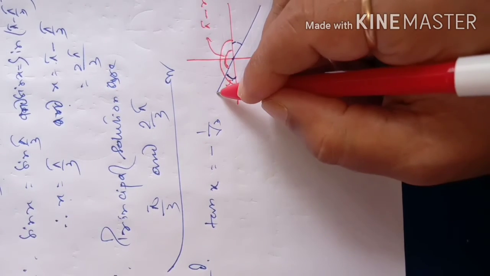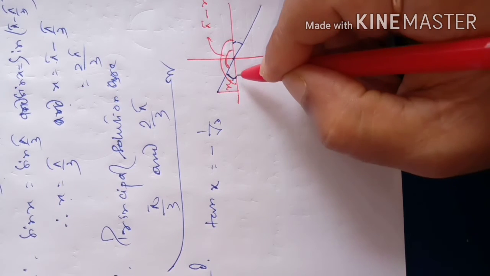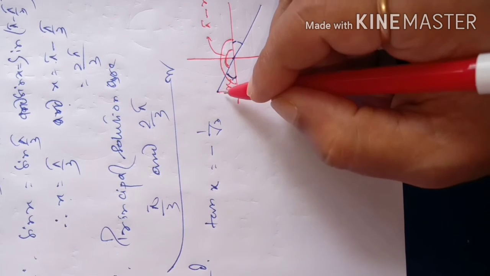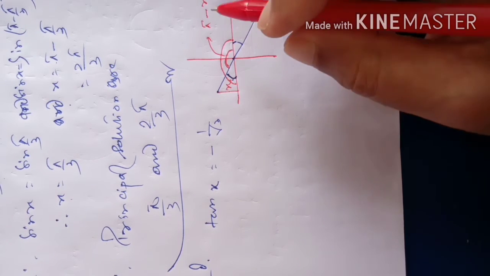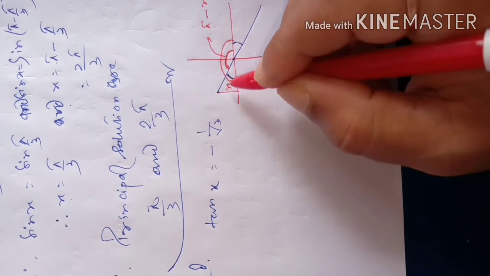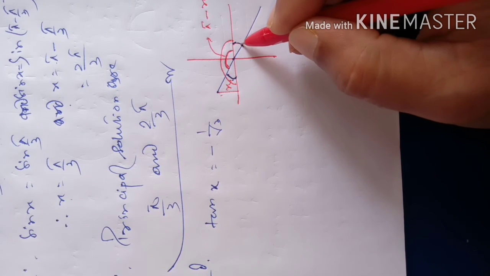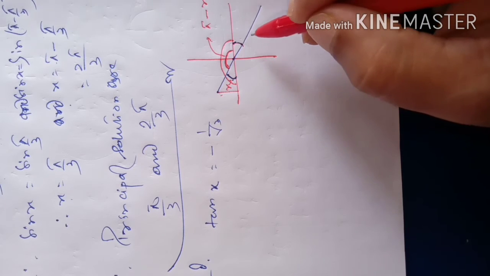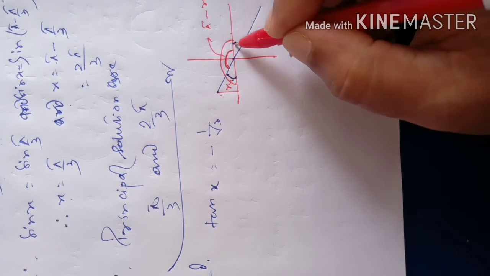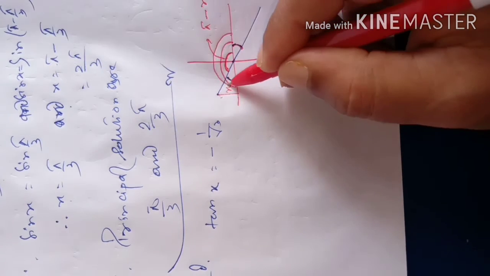So here tan is negative, because in the second quadrant cos is negative and sine is positive, so positive by negative is negative. So that means for this angle tan can be negative. Actually, instead of saying this angle, we can say this whole angle.